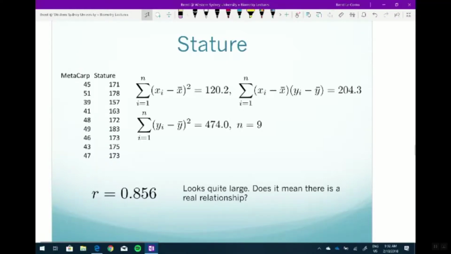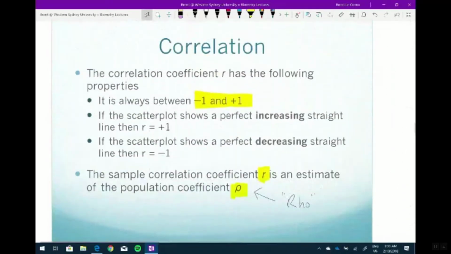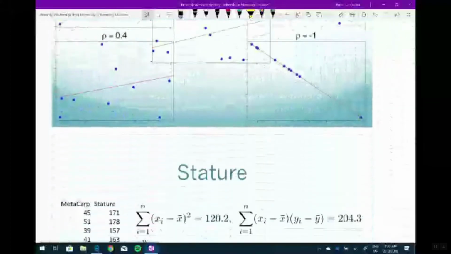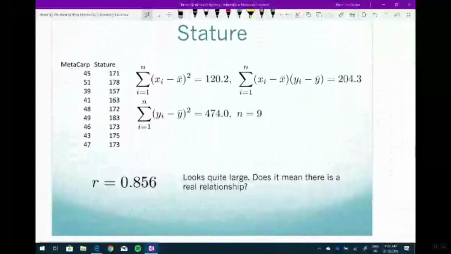They've done that for you. That's not something you'd ever be expected to do yourself. And then you work out the sum of all the squared deviations. Both of those appeared in the formula as well, okay? Once you've got all those numbers, you can plug them in to that formula, if you're so inclined, and you'll get 0.856 is your number, okay?